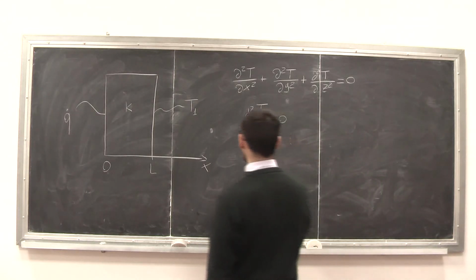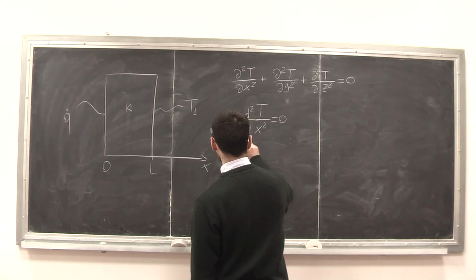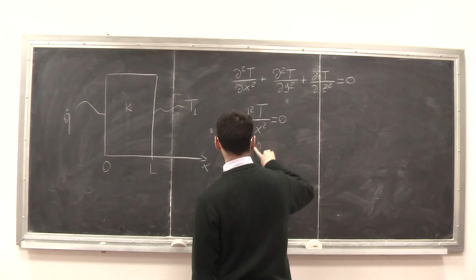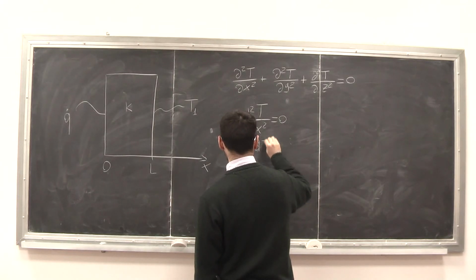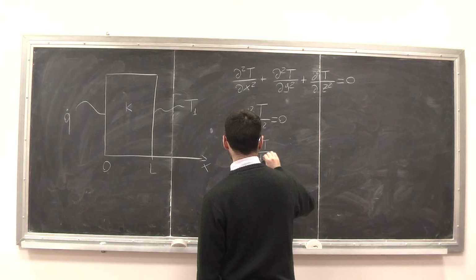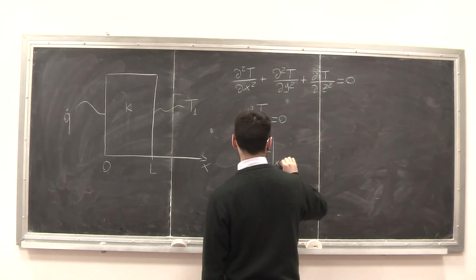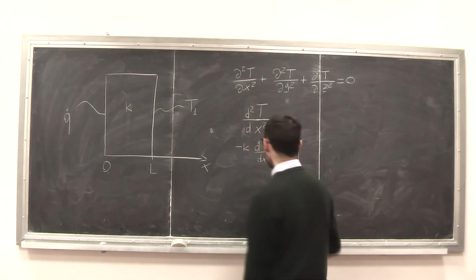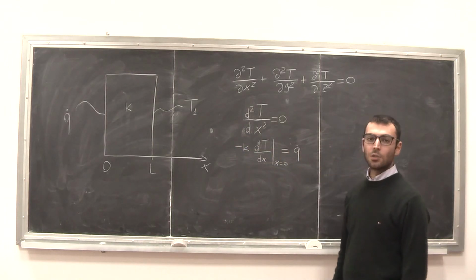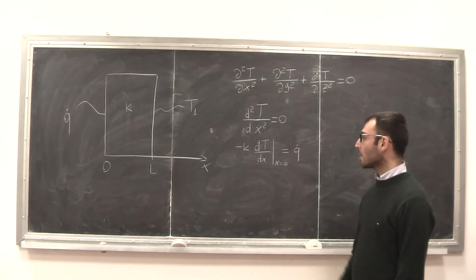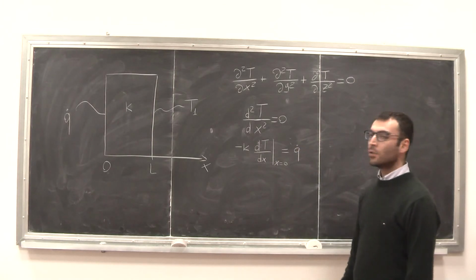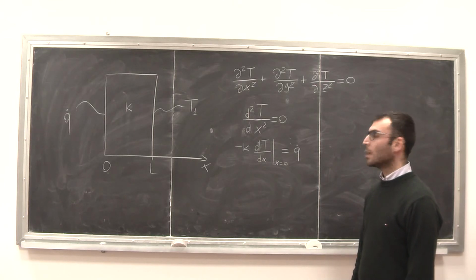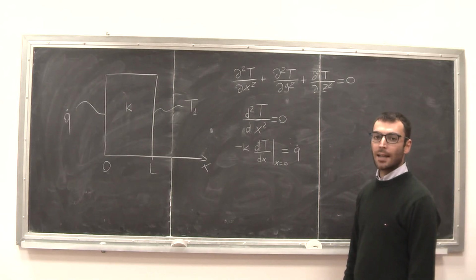Particularly, we can write that according to the Fourier law of conduction, minus k derivative of temperature with respect to x calculated for x equal to 0 is equal to q dot. This is the first boundary condition of our equation. And if you remember from previous lectures, we have called this condition a second kind condition.